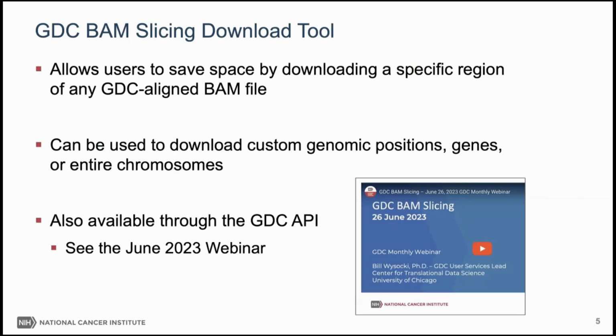All of those are options to download with the BAM slicing tool. The GDC BAM slicing function is also available through the GDC API. We're not going to talk about that today, but if you're interested, see the June 2023 webinar in which I talked about GDC BAM slicing and how that can be done.